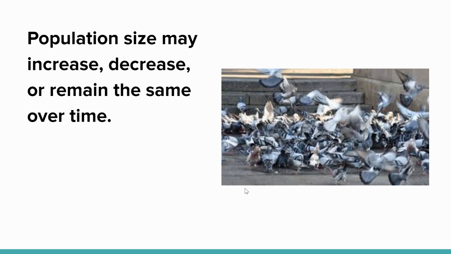Population size may increase, decrease, or sometimes remain the same over a period of time. If you think of it in terms of birds, there might be one bird in the tree, and then all of a sudden a whole bunch of them come to that tree. Then you'll see one fly off, and then a whole bunch of them fly off.